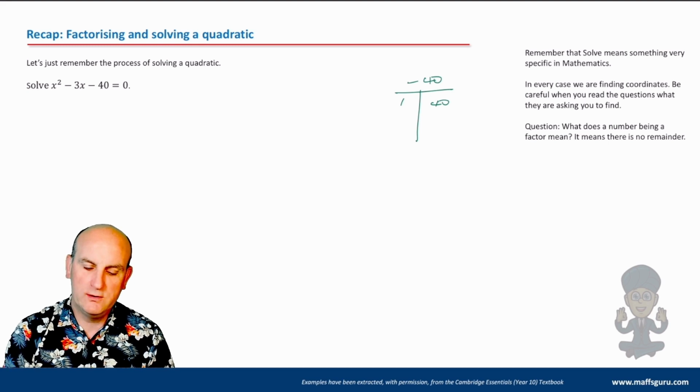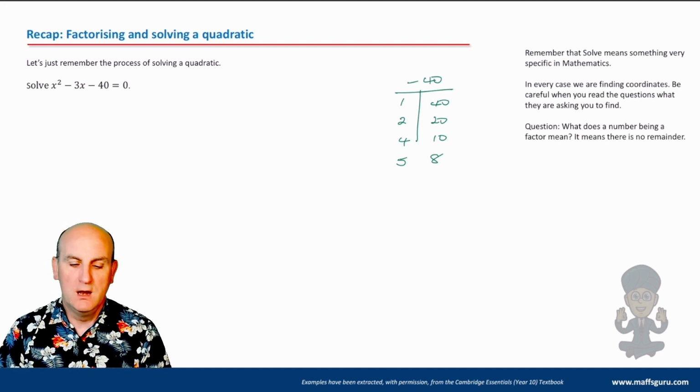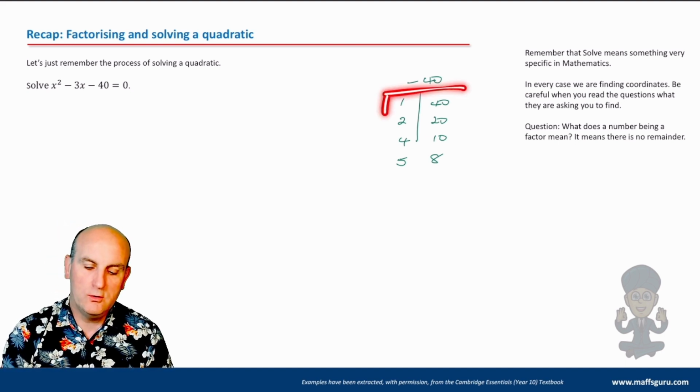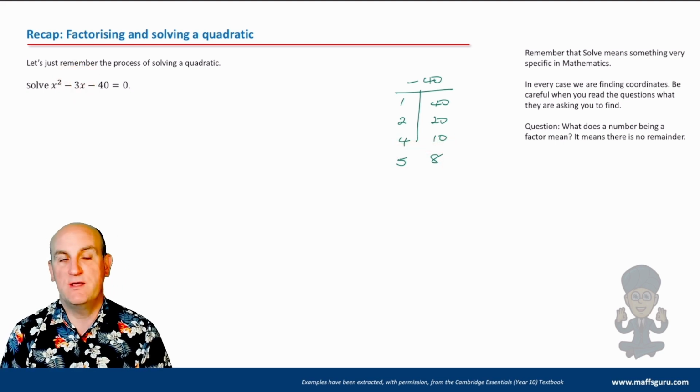So 1 times 40 is 40, 2 times 20, 4 times 10, 5 times 8. Now, you're going to turn around and say, why have I stopped there? Because although I'm looking to multiply these to make this top number, and we'll come back to the negative sign in a moment, I'm looking for a pair that when I add them together will give me that middle coefficient there.